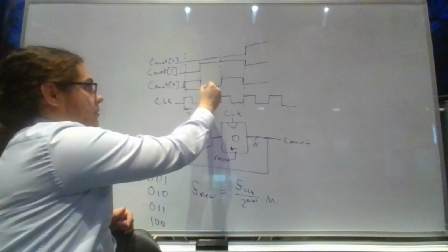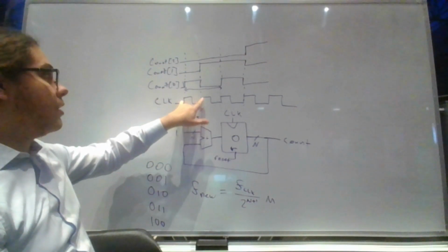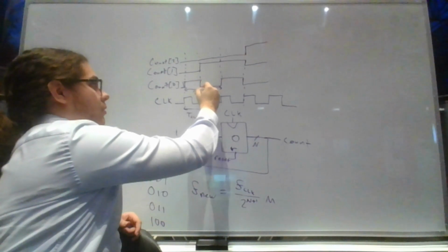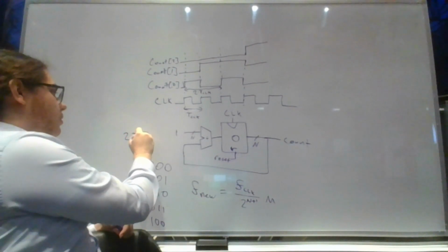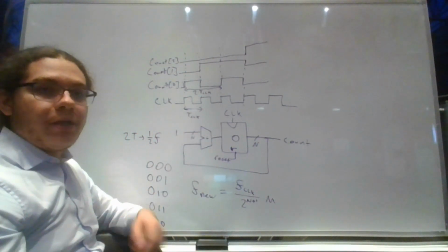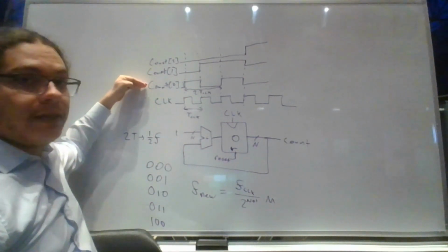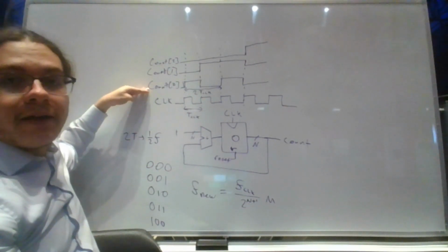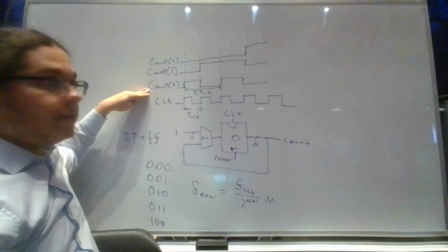But here you'll notice that the period for count bit 0 is actually 2 full clock cycles, so this is double the period. And if you double the period, that implies you get half the frequency. So when you look at the least significant bit when doing this counting, it's always going to have half the frequency of the original clock.